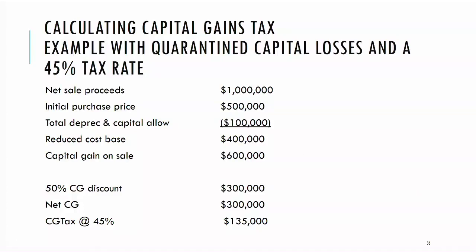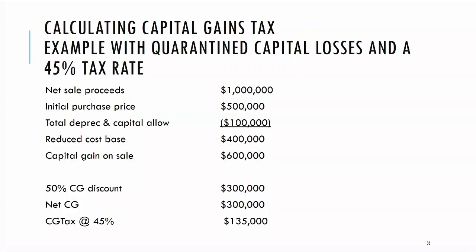Clear? You enjoyed this 100,000 throughout the last 10 years, but at the end, you have to pay tax on those, because you didn't pay tax on your tax depreciation and capital allowances. It was an allowance for you to run the business well.